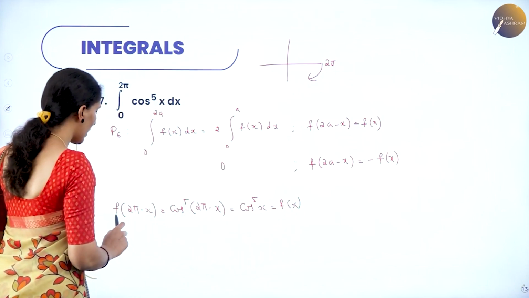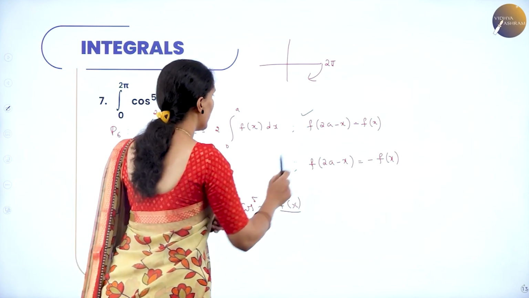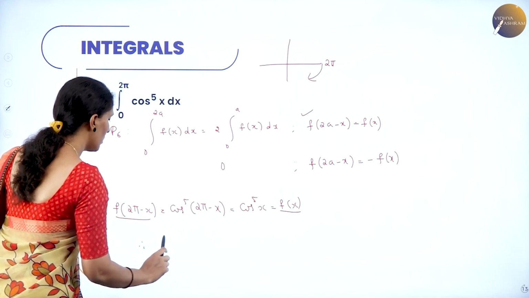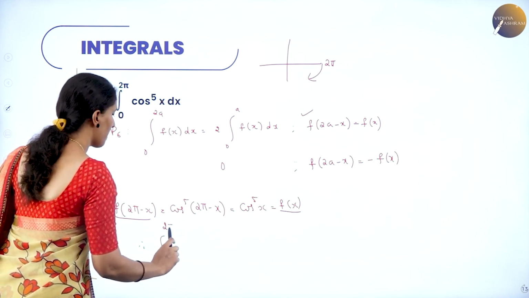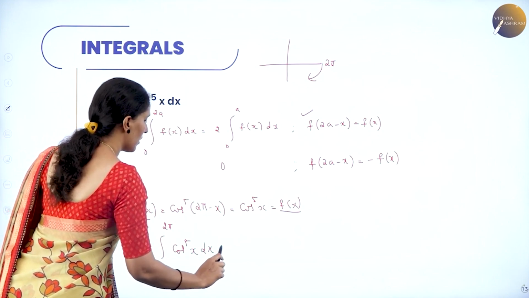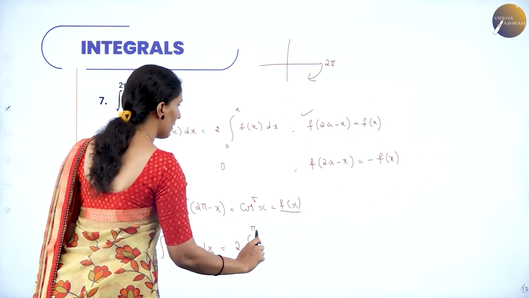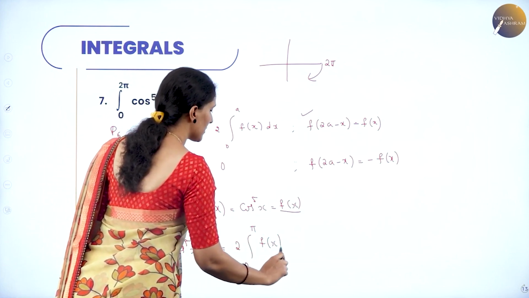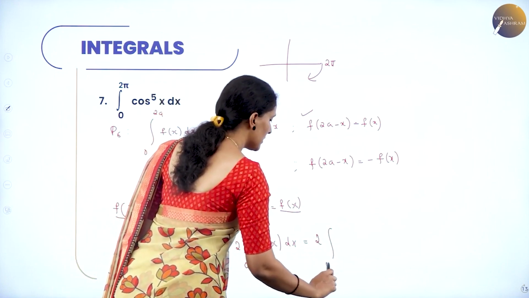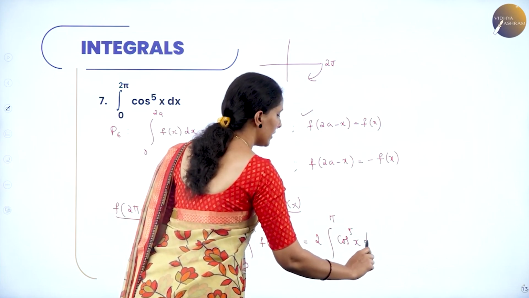So now we got f of 2 pi minus x as f of x. If this holds, then I have to write the integral in this form. Therefore the integral 0 to 2 pi of cos power 5 x dx can be written as 2 times the integral 0 to pi of f of x dx, which is nothing but 2 times the integral 0 to pi of cos power 5 x dx.